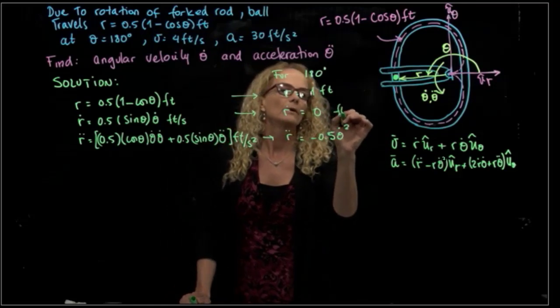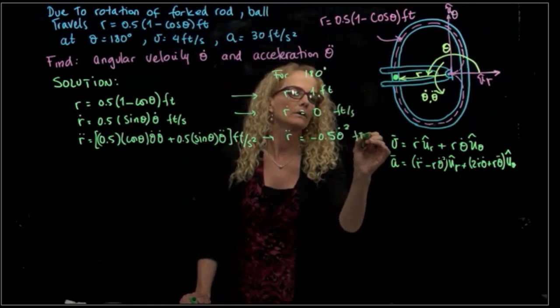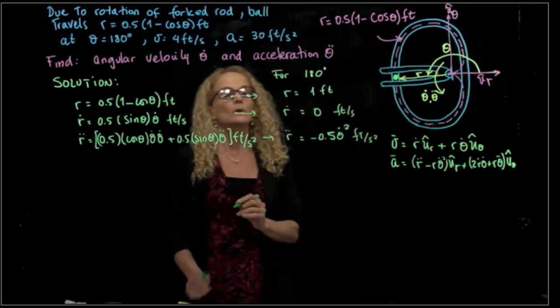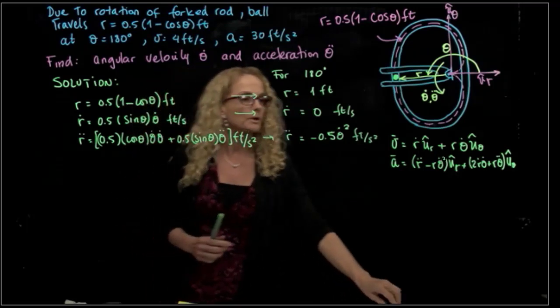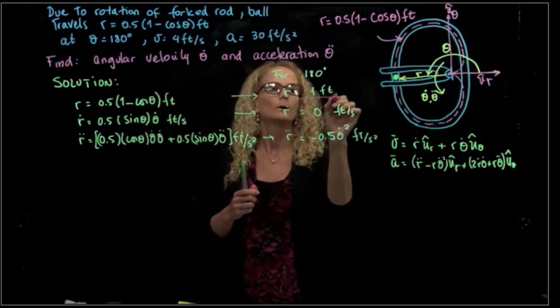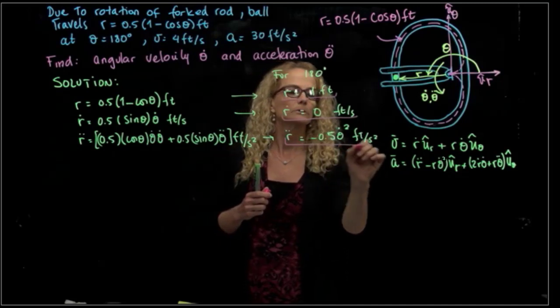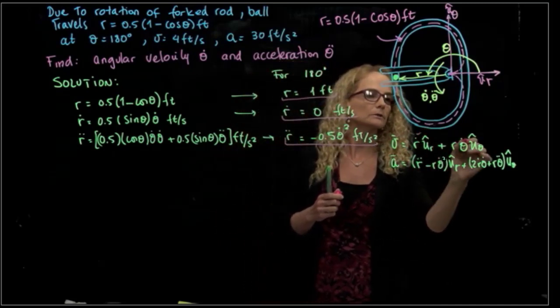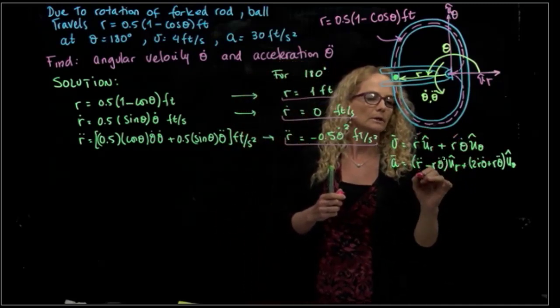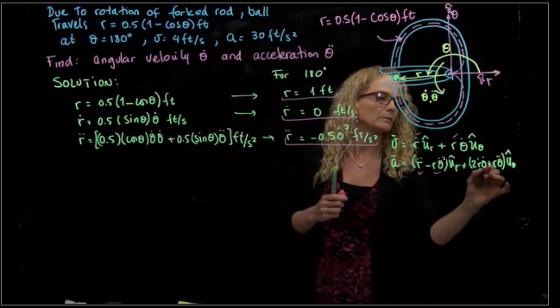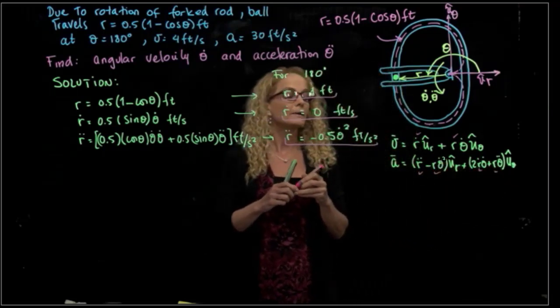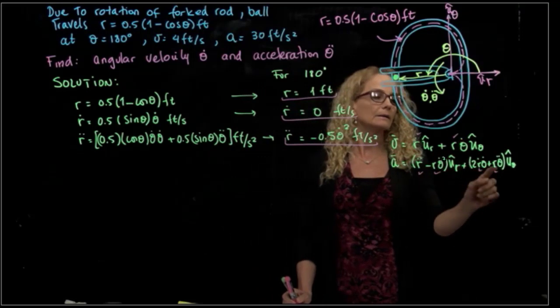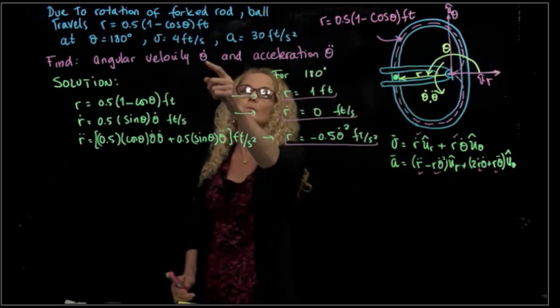This is feet per second, and this is feet per second squared. Okay, so we have these three expressions. We are missing theta dot and theta double dot, and that's actually what we are asked to find.